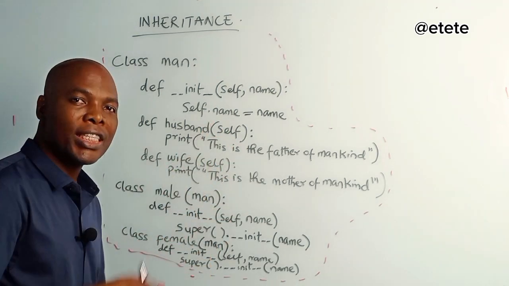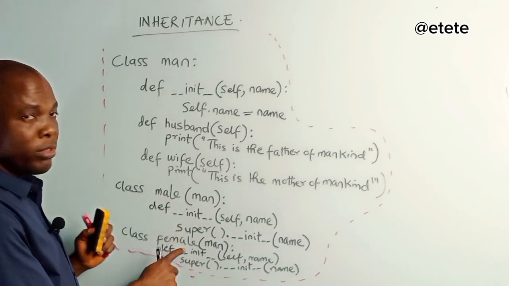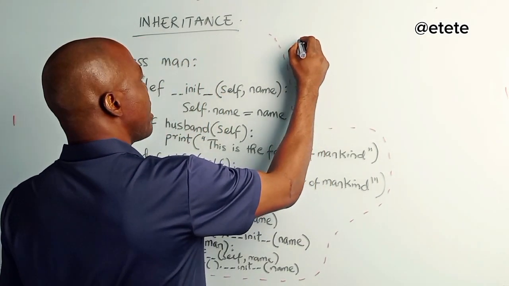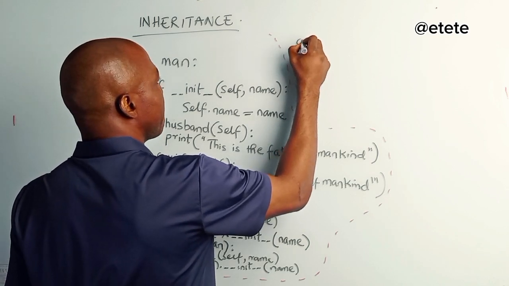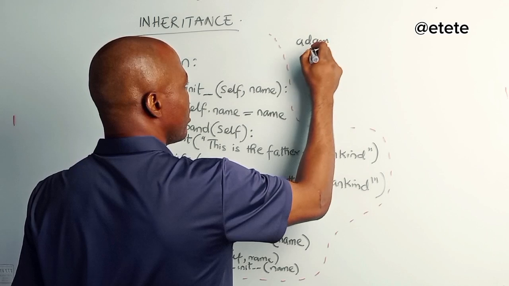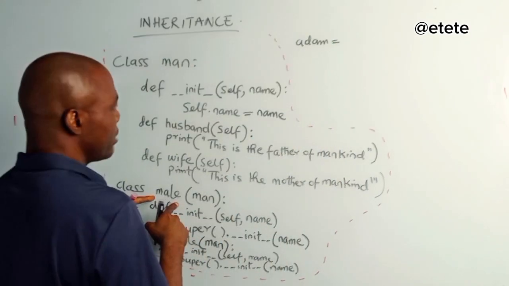Now I want to create an object for this class, but I want to create an object for the male and the object for the female. So I will come here and I will create Adam. You can see I'm using lowercase adam. Then I am creating an object for this male class.